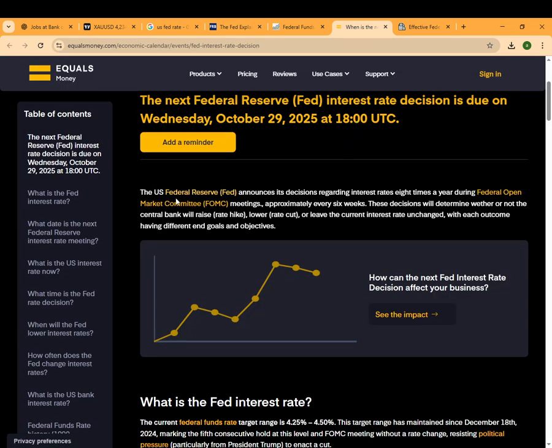The US Federal Reserve announces its decision regarding interest rates 8 times a year during Federal Open Market Committee meetings, approximately every 6 weeks. This decision will determine whether the central bank will raise rates with a hike, lower them with a cut, or leave the current interest rate unchanged, with each outcome having different goals and objectives.